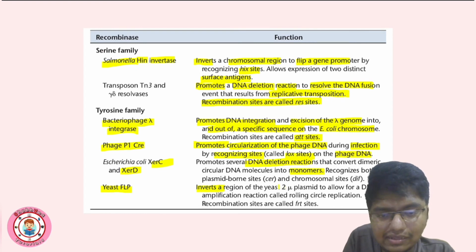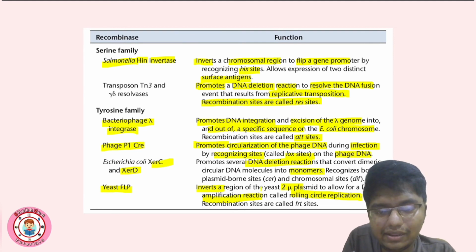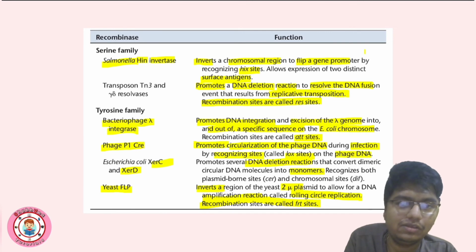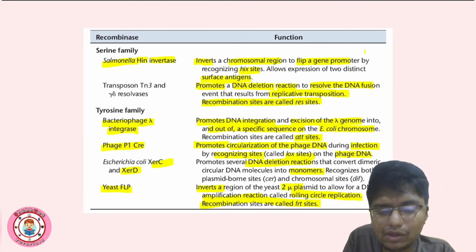Inversion takes place in the yeast two-micron plasmid to allow for a DNA amplification reaction called rolling circle replication. So this is also very important. Rolling circle replication takes place because of this yeast FLP, and the recombination sites are called FRT sites. Right? So let's see now individually how these enzymes act.